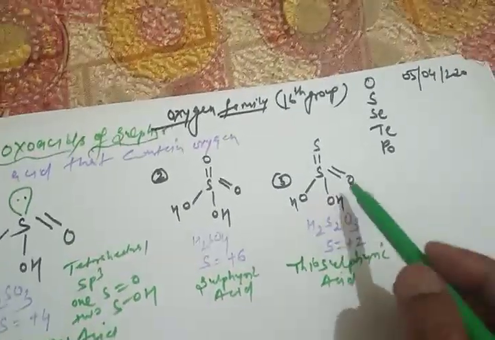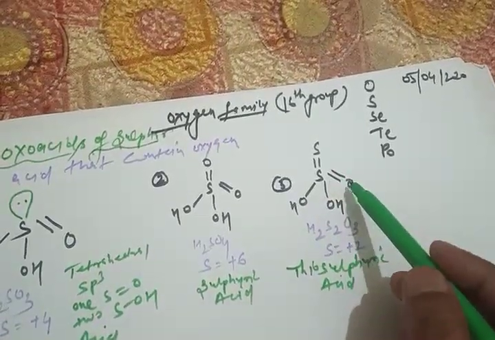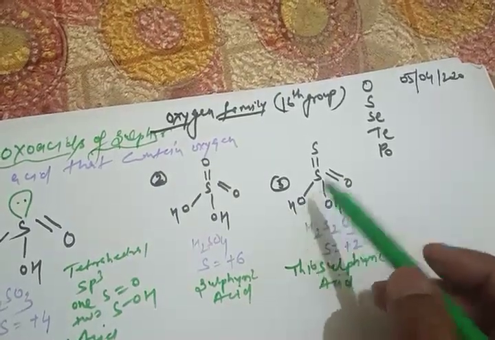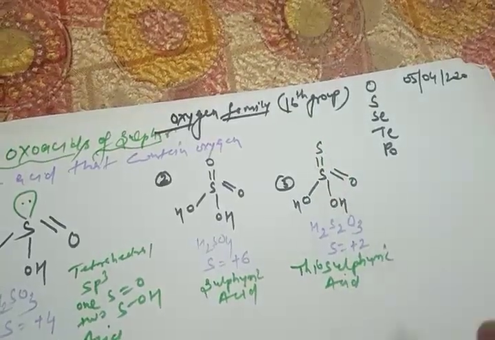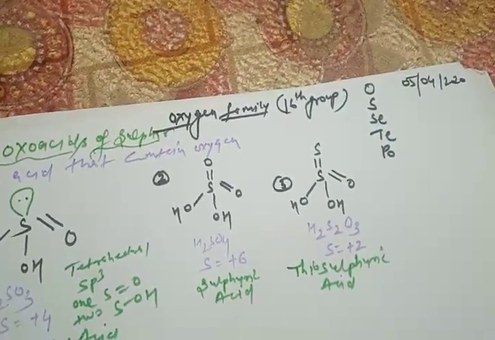Here we have one S double bond O, two SOH bonds, and one thio bond, S double bond S. That is why the name is thiosulfuric acid.